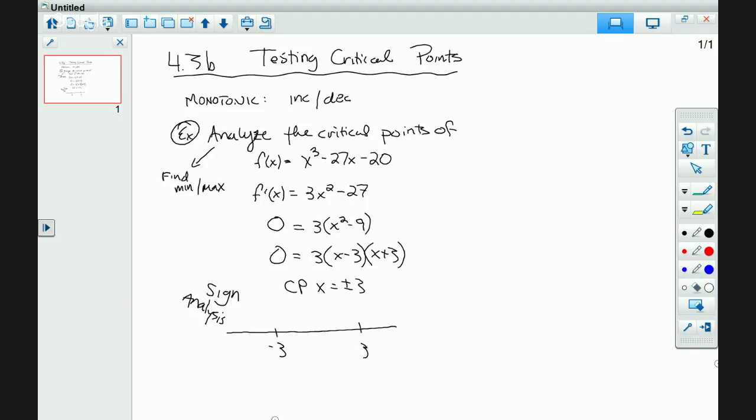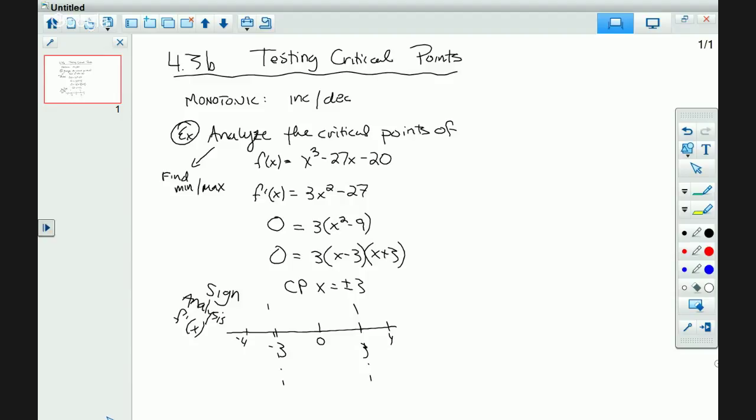I'm going to pick 0, right? Always pick 0 if you can. Remember, this is the sign analysis when you're plugging into the derivative, because that's going to tell us if we're at positive or negative slope.